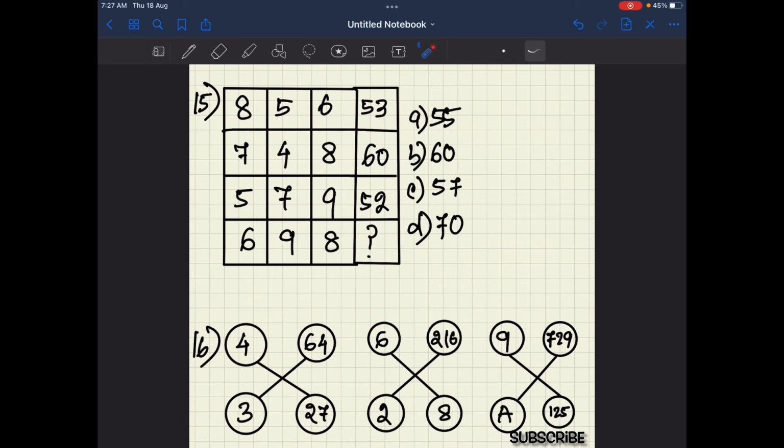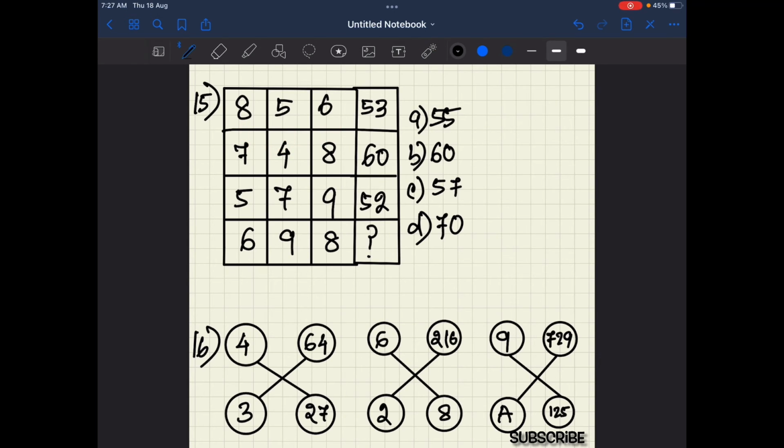Now see, you can develop this logic by practicing a lot of questions only. Without practicing we can't develop. So if we see this question, it is 7 into 8, 56 plus 4, it is 60. 5 into 9, 45 plus 7, it is 52. 6 into 8, it is 48 plus 9. So this is also like C1 into C3 plus C2.